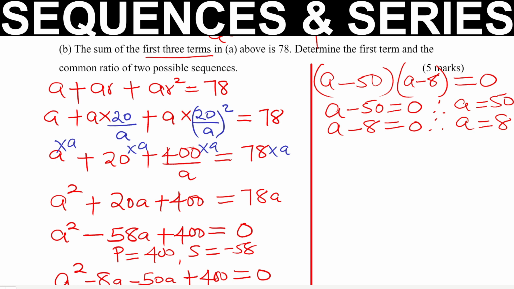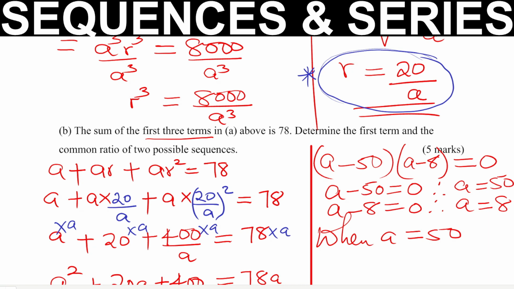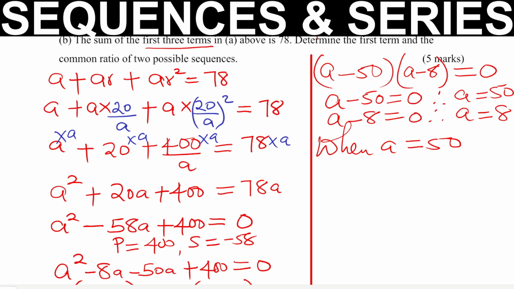So when A is 50, what will be R? Remember that our expression for R is 20 divided by A. So when A is 50, R will be 20 divided by 50. This will be 2 over 5. And this will be 0.4.